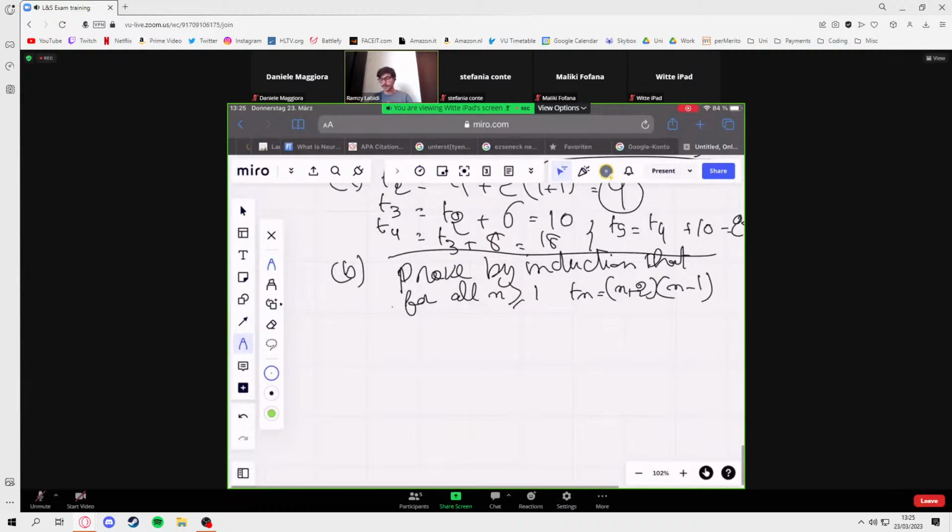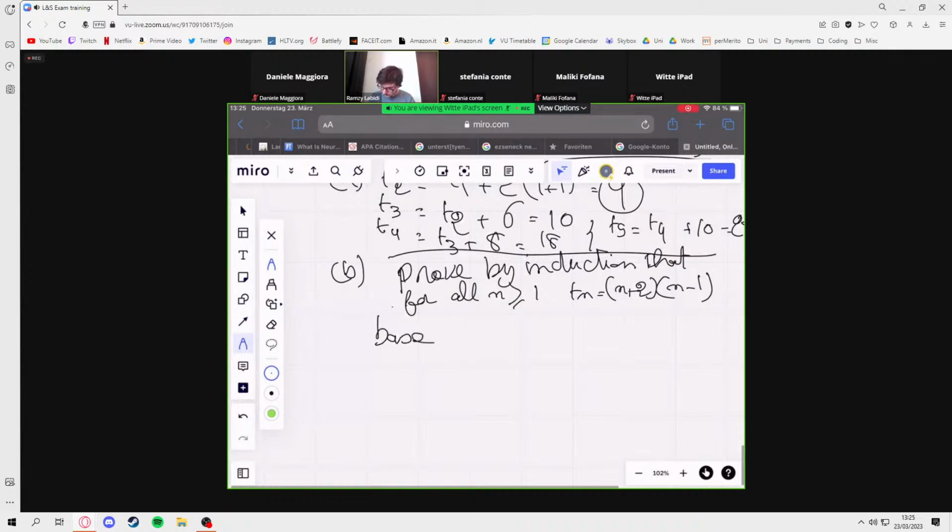So this asks us basically to prove by induction that for each n, Tn is equal to n plus 2n minus 1. So, as always, first things first, whenever you see something like this, we start with the base case. The base case is already given, T0 is 0.